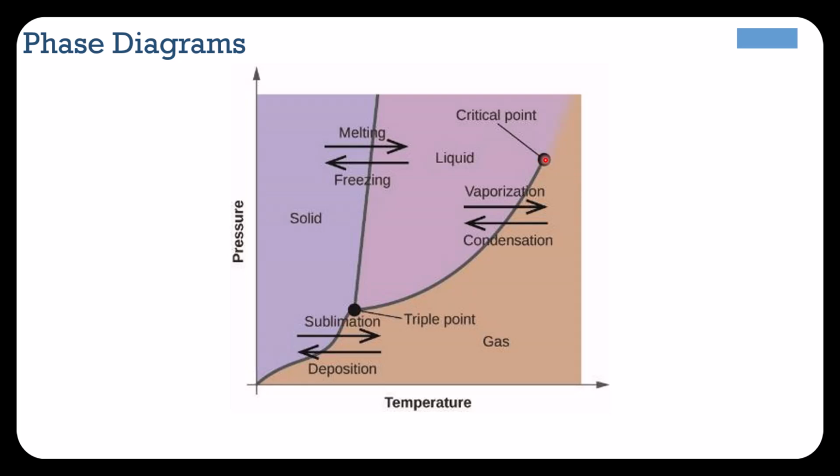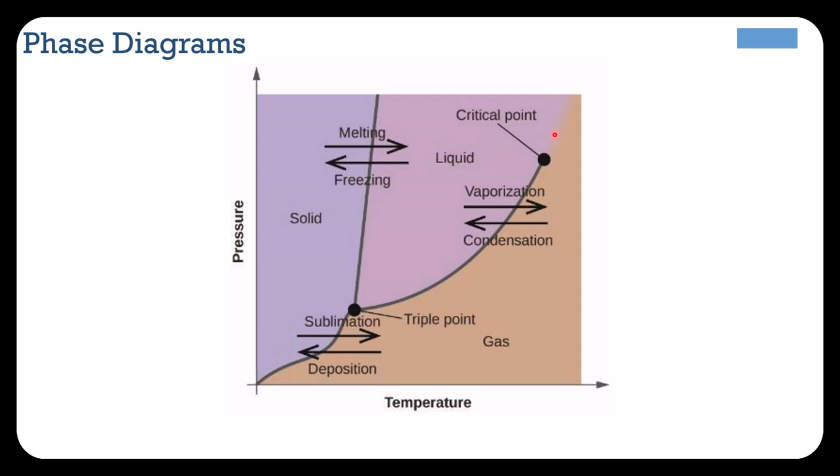And then we also have a critical point. The critical point is where we have liquid and gas present. But when we get past the critical point, things get fuzzy. Moving beyond the critical point here, we've got both liquid and gas present, and it's fuzzy where one starts and stops.